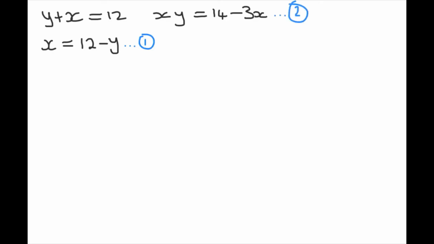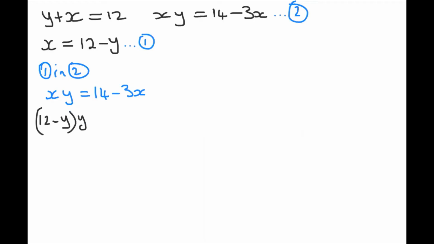Now I'm going to say 1 into 2. That means I have xy equals 14 minus 3x. Wherever I see x, I'm going to put 12 minus y. So 12 minus y times y equals 14 minus 3 times 12 minus y.